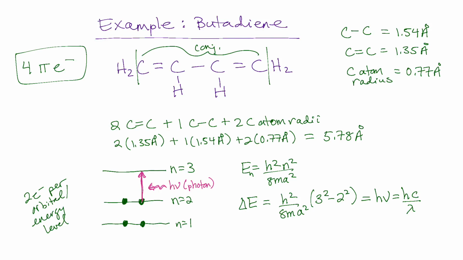All we have to do at this point is plug in the numbers for constants. We already know Planck's constant, 6.626 times 10 to the minus 34 joule seconds. Our mass here is going to be the mass of an electron, which you can look up in any resource that you have handy. And a is going to be the value from our calculation that we just did up above.